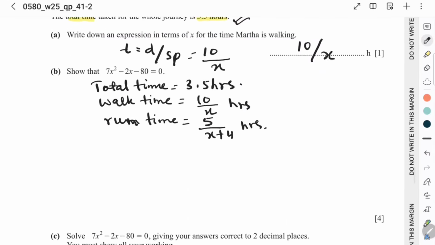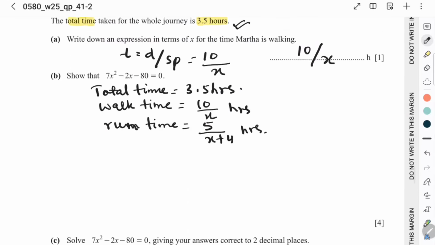We add them together: 10 upon x plus 5 upon x plus 4, the walking and running time together, equals 3 whole 1 upon 2, which means 7 upon 2.